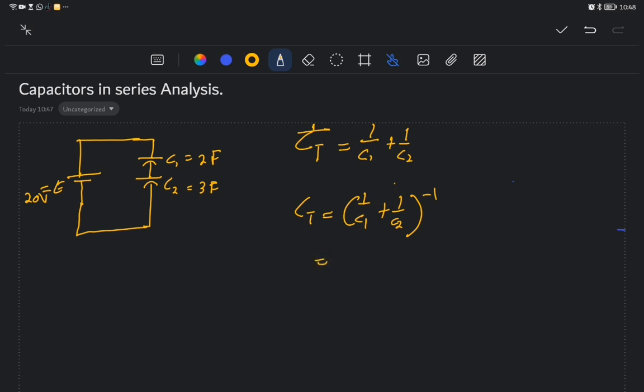Now you have it. Then we're going to substitute. So we're going to have 1 over 2 plus 1 over 3, everything to the power of -1.